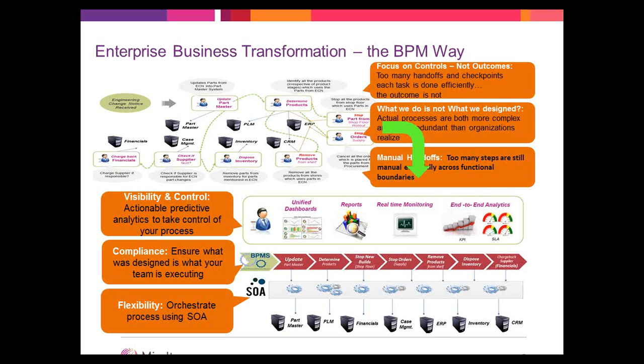And BPM also helps to establish real-time monitoring. So what do we mean by real-time monitoring? When a business exception happens, a BPM system will enable you to take action in real time, as opposed to taking action on something which already happened. A good example might be a traditional enterprise using business intelligence systems.